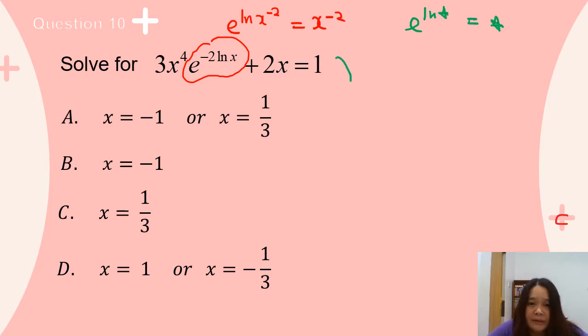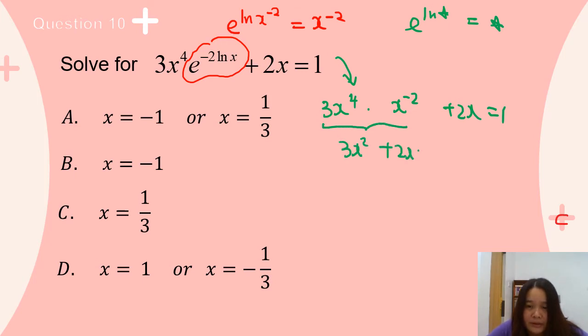So we rewrite the equation, so we will have 3x power of 4 multiplied with x to the power minus 2 plus 2x equivalent to 1. And we simplify this, so you have 3x squared plus 2x minus 1 equal to 0.